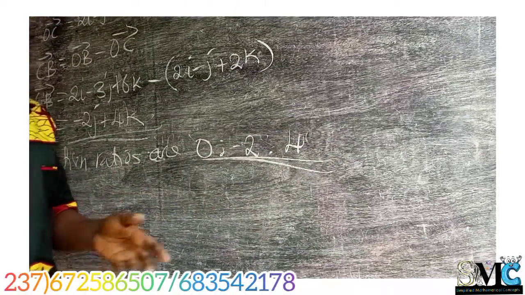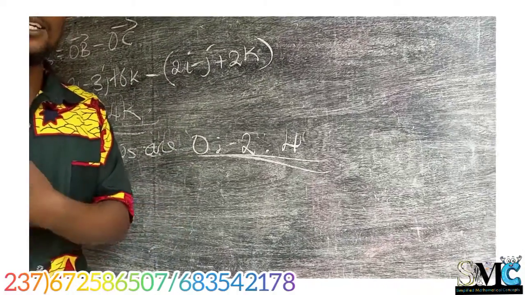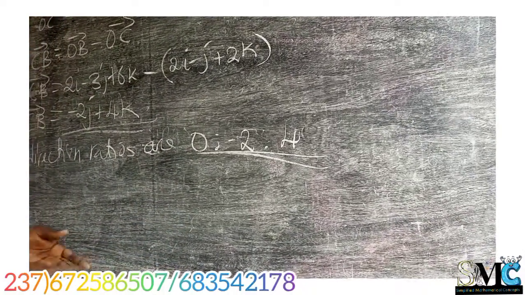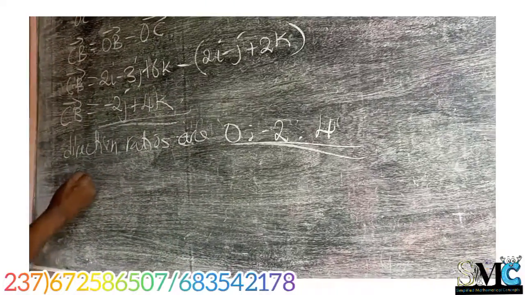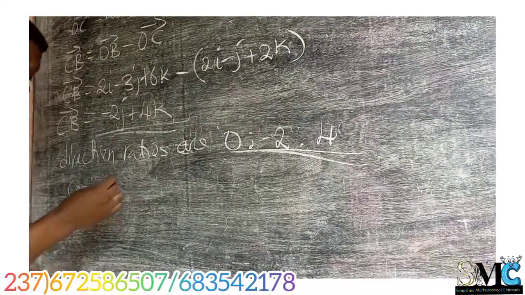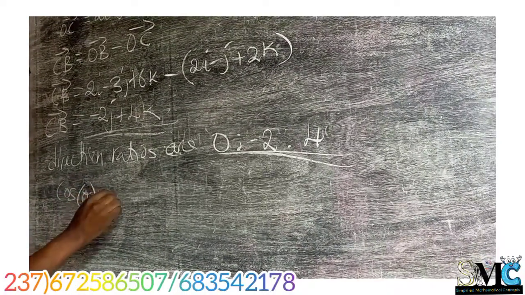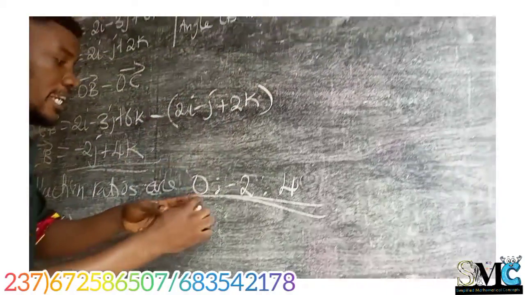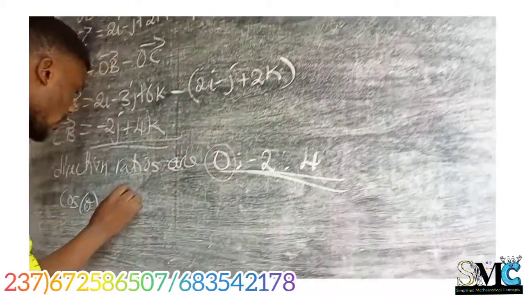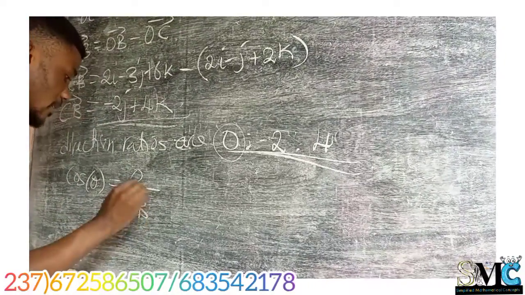Then the second part wants us to find the angle that CB makes with the OX axis. To find that angle, we use the cosine. If theta is the angle, then cos theta is equal to the direction ratio, the component in the OX direction, which is 0, divided by the magnitude of CB.